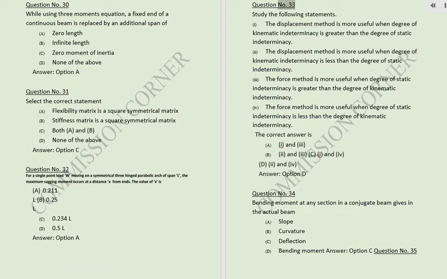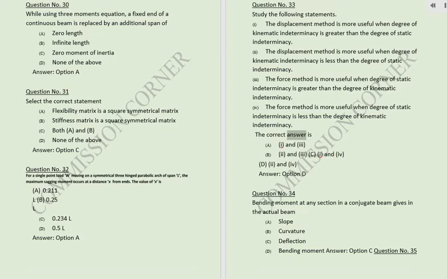Question number 33. Study the following statements. 1, the displacement method is more useful when degree of kinematic indeterminacy is greater than the degree of static indeterminacy. 2, the displacement method is more useful when degree of kinematic indeterminacy is less than the degree of static indeterminacy. 3, the force method is more useful when degree of static indeterminacy is greater than the degree of kinematic indeterminacy. 4, the force method is more useful when degree of static indeterminacy is less than the degree of kinematic indeterminacy.